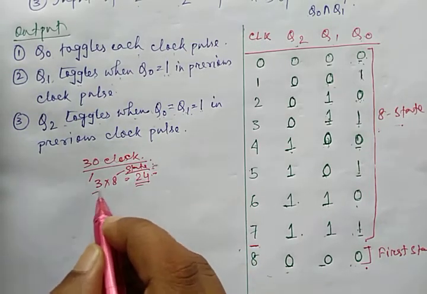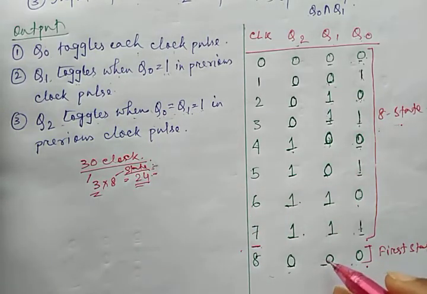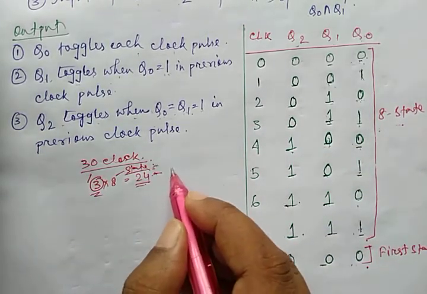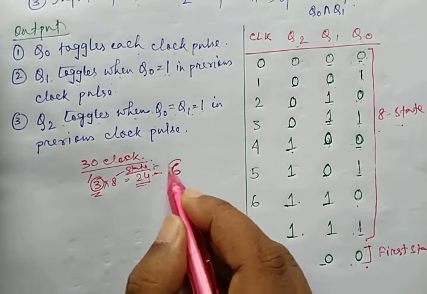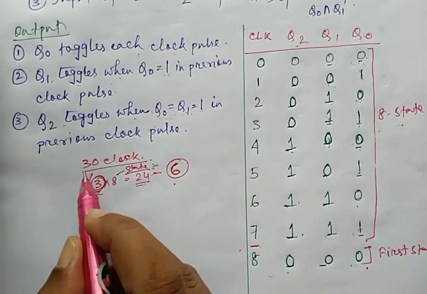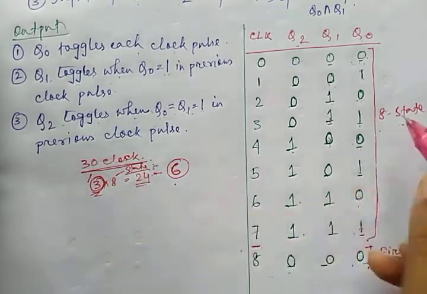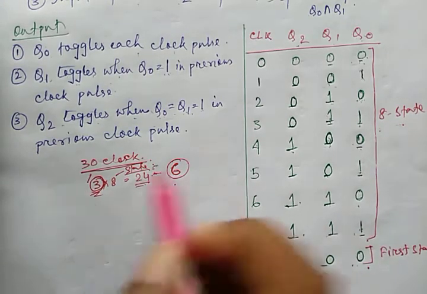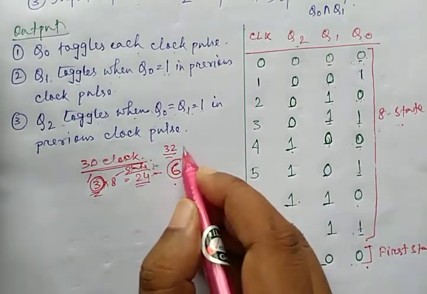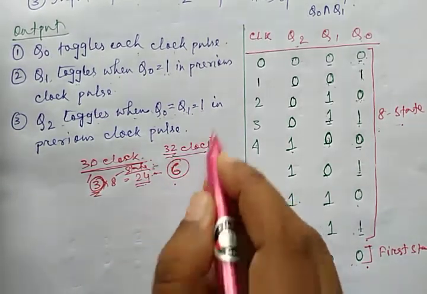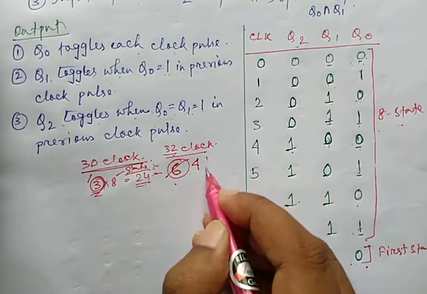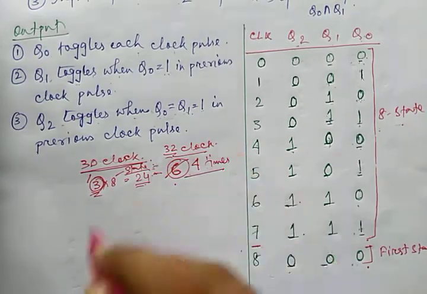So 3 times full counting will be there. It will count from 0 to 7 3 times, and after that it counts only 6 extra states. So completely it can count 3 times if 30 clock pulses are applied. But if 32 clock pulses are applied in the counter, then it can count 4 times completely through all the 8 states.